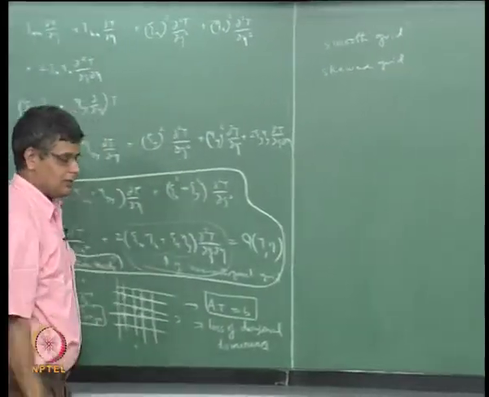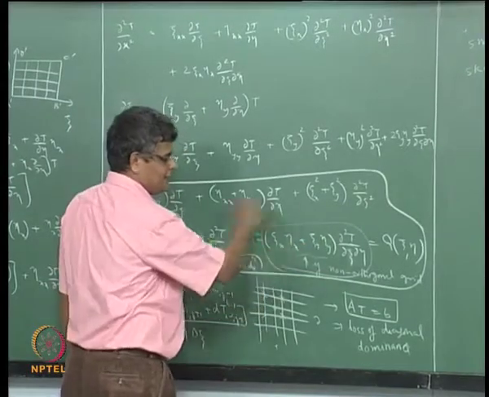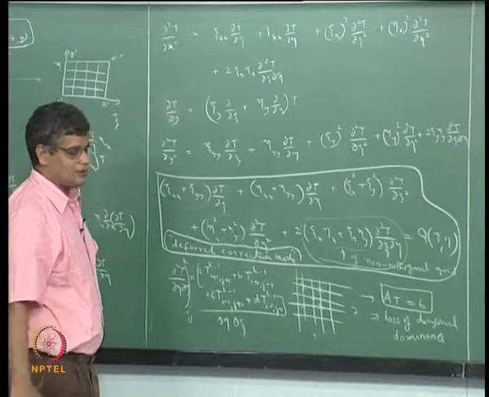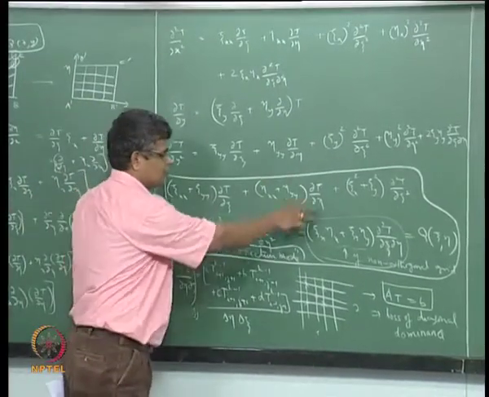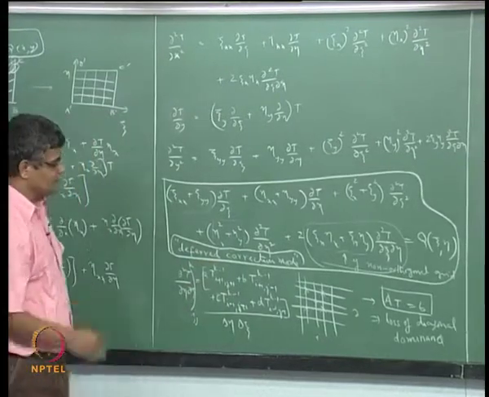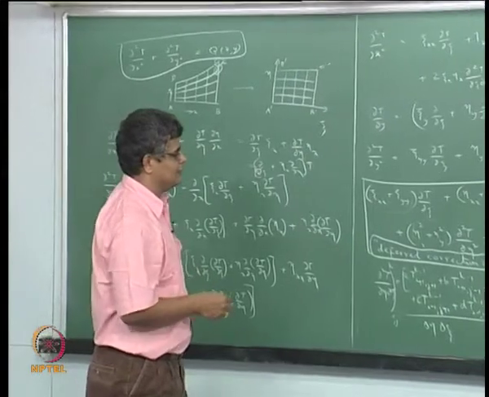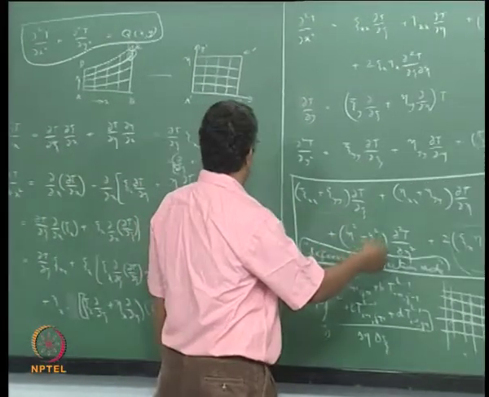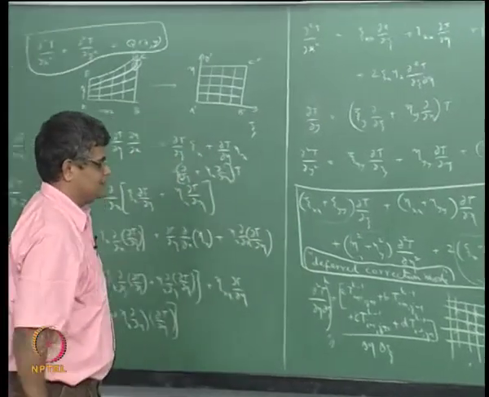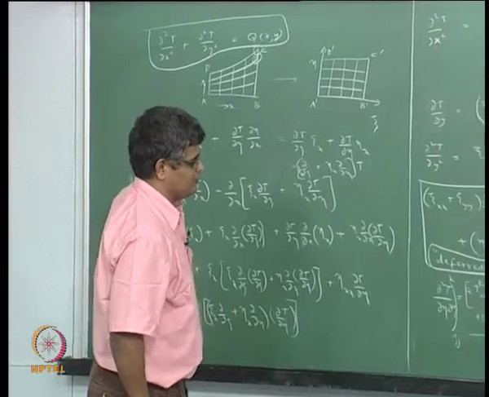If you have a skewed grid which is not orthogonal, then this term may dominate, and that may reduce the overall rate of convergence of an iterative solution in a deferred correction mode. So these are some of the things that we will have to take into consideration when we are trying to solve the transformed equations in the computational plane.